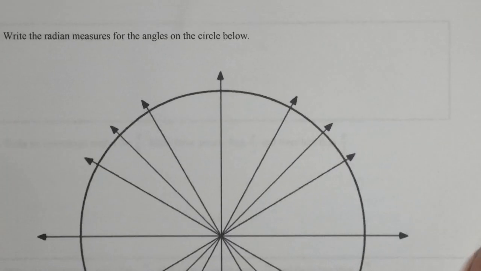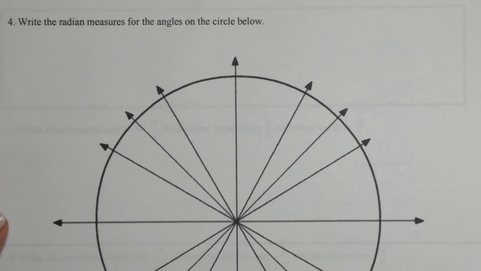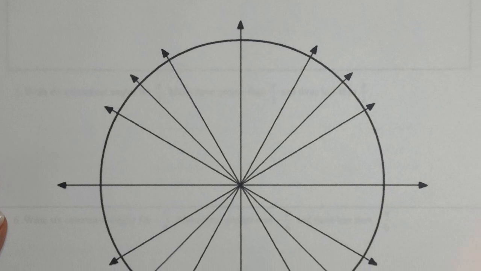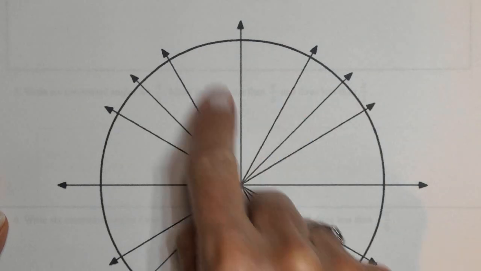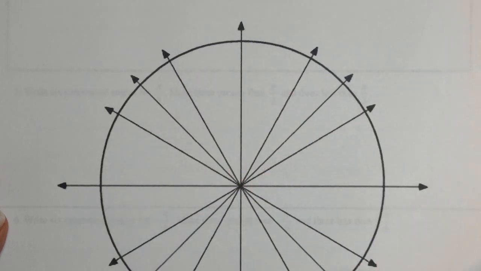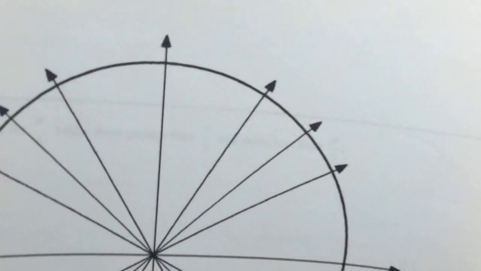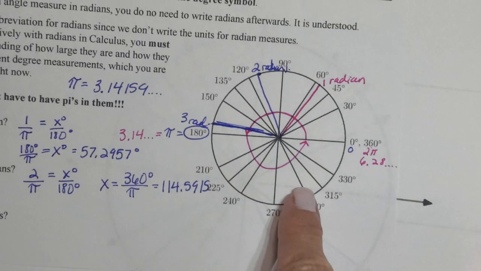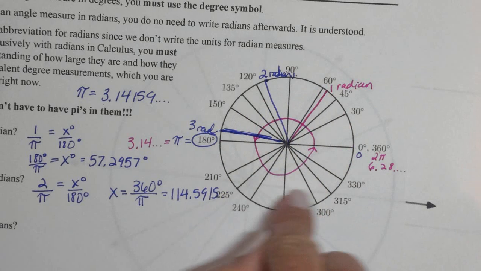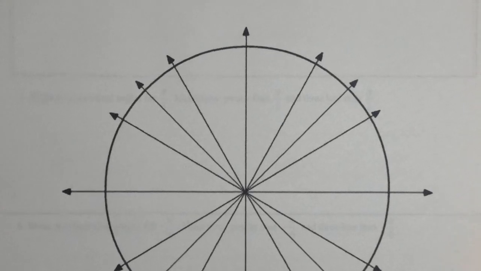Okay, on this next page, we have a blank circle with different rays coming out of it, and instead of using degrees, I need you to get very comfortable very quickly with radians, and it's really not hard.